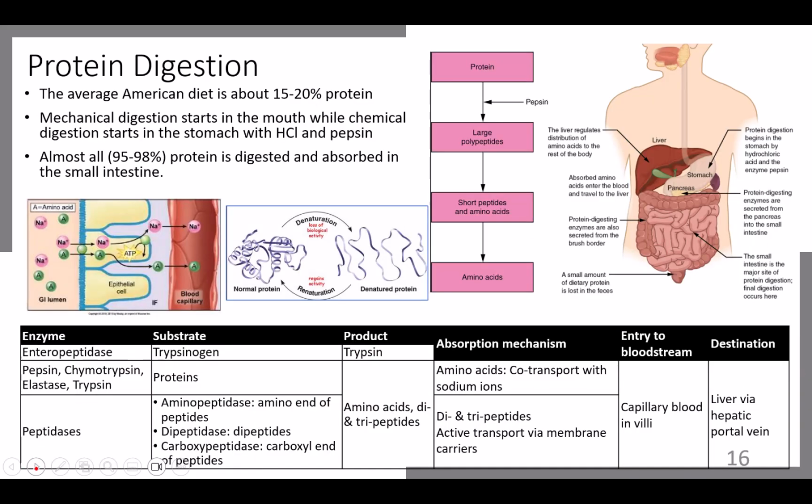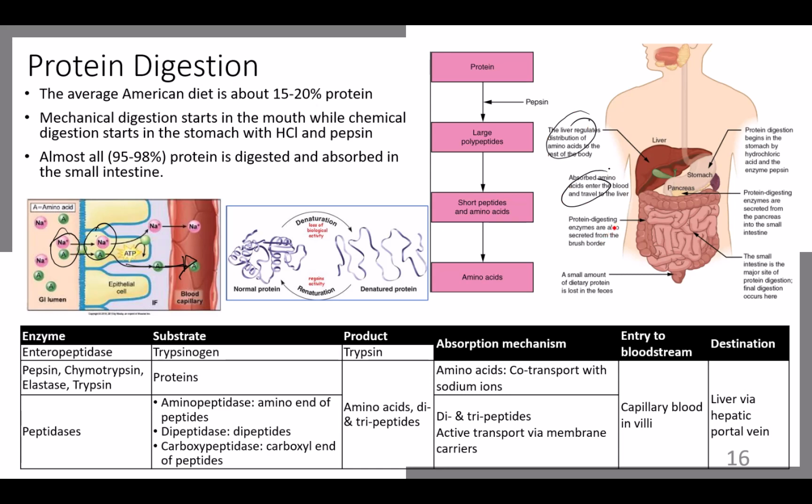Then it's absorbed through, again, co-transport with sodium, same as the glucose before, and then it is transported across into the blood capillaries, right? Once it gets transported into the blood capillaries, it goes to the liver, where it is processed.